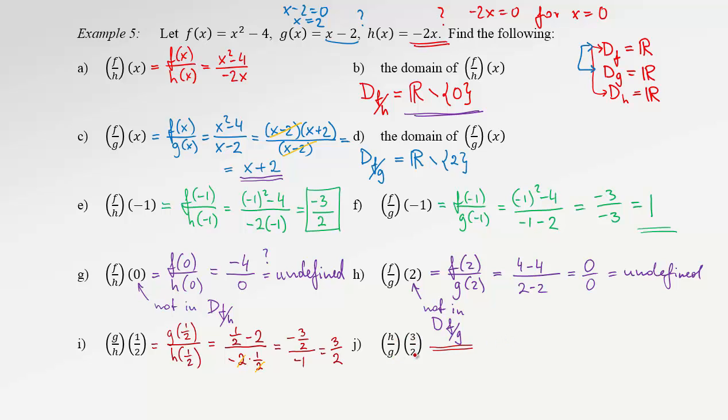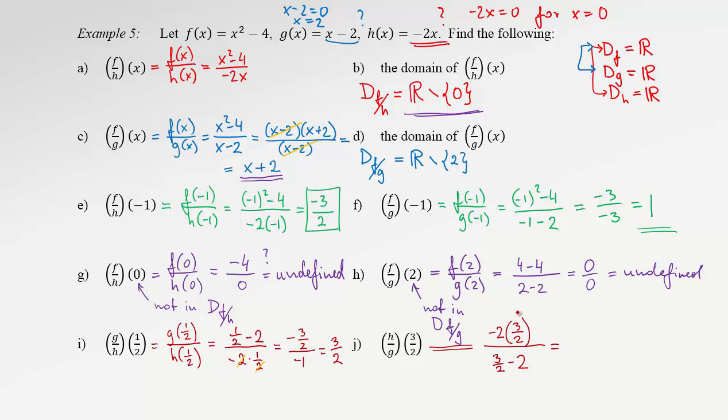Finally, this question we'll write a little bit farther. H over g at 3/2. So h at 3/2, which is multiply the input by -2. So 3/2 times -2 over g at 3/2. And g tells us to take the input and subtract the 2. So 3/2 minus 2.